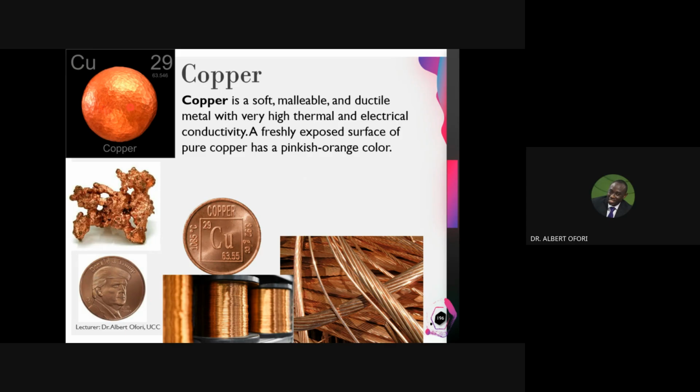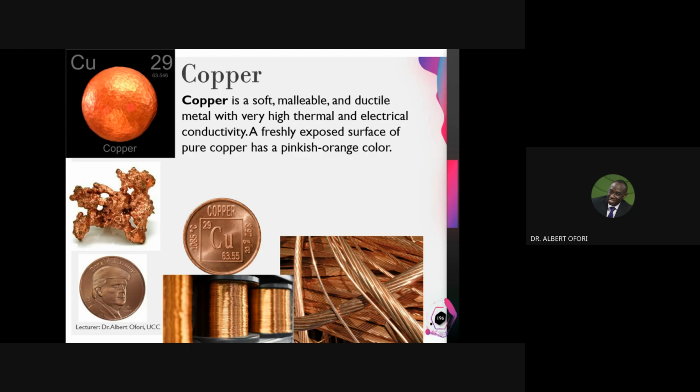If you check the periodic table, there are about 11 elements whose symbols come from their old names. Copper is one of them, so we should take note. The old name for copper is cuprum, which is the Latin word for bright. And that is where we have copper, Cu.